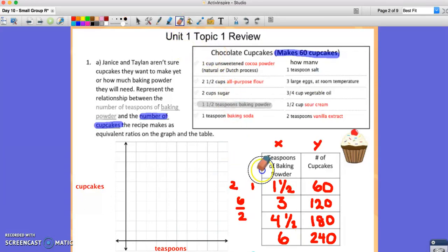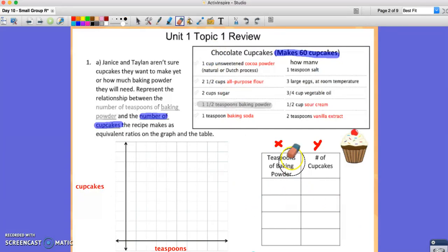Another way we can do the table, because if we look at later parts of the problem, it's going to ask us for the unit rate. So we can find the unit rate of how many cupcakes per 1 teaspoon. If it's cupcakes per teaspoon, I want to take 60 cupcakes and divide it by 1.5.